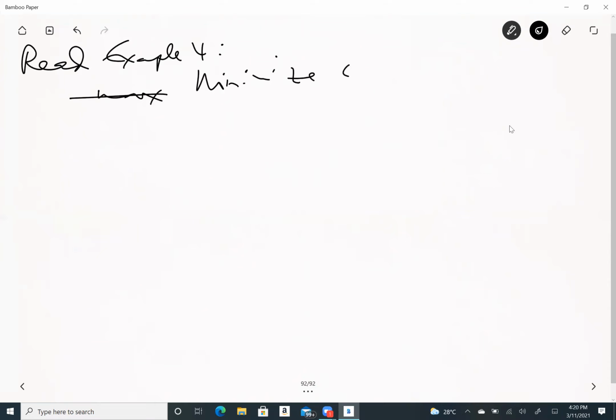Now I would like you to go home and read example 4. That is the maximize, not minimize. Minimize cost. I'm going to do another example. This one, we need to set the problem.